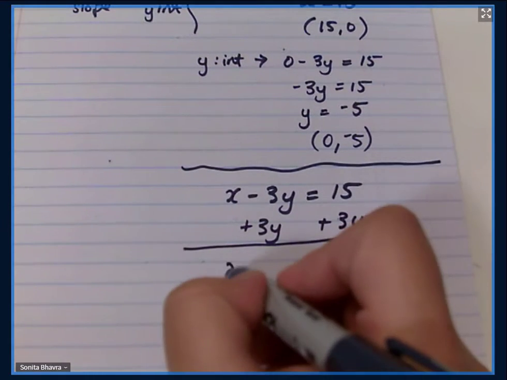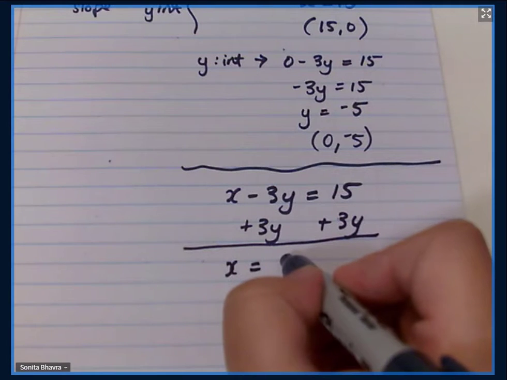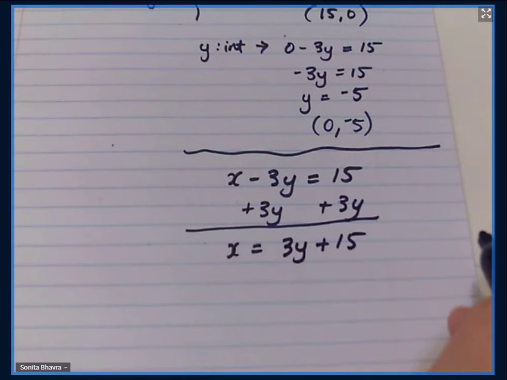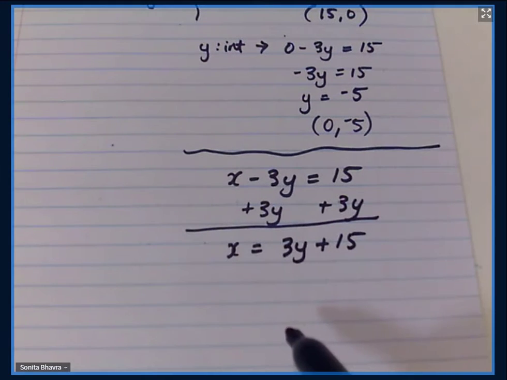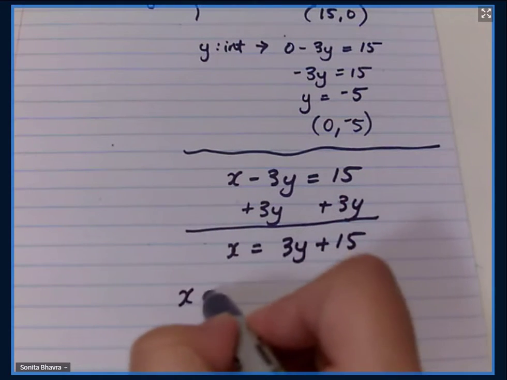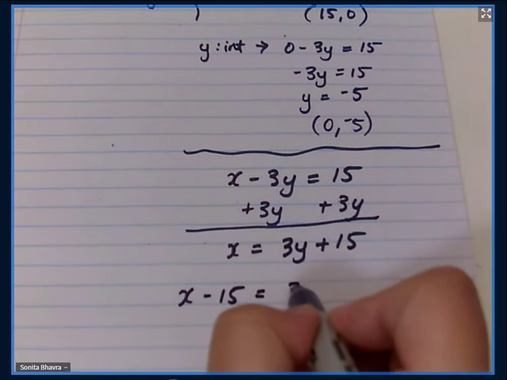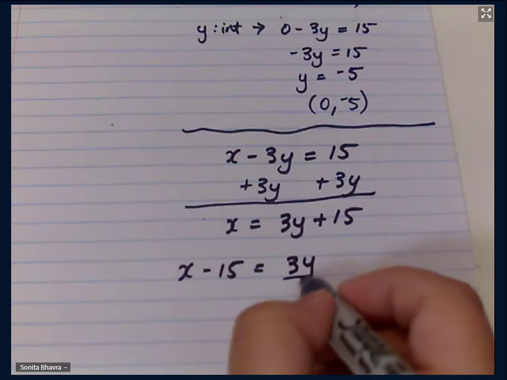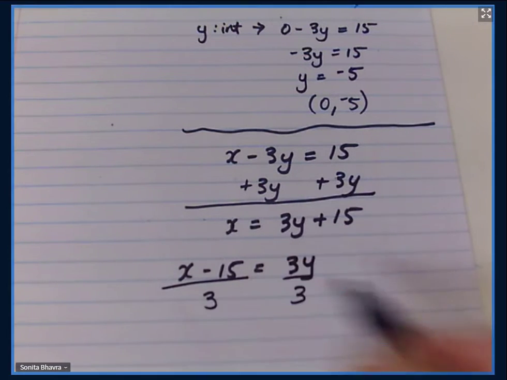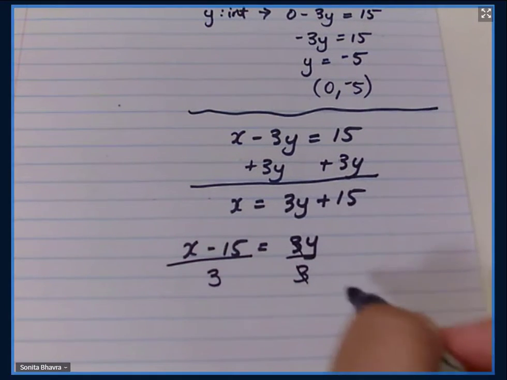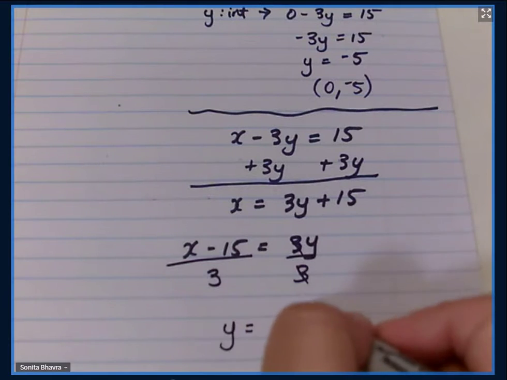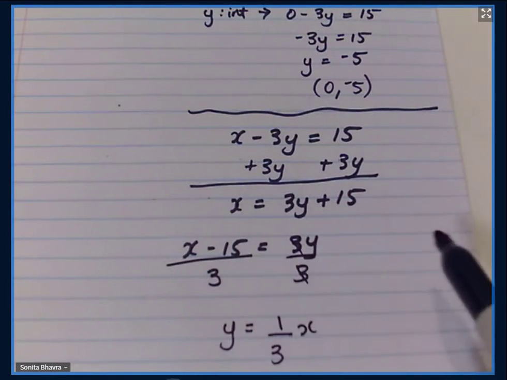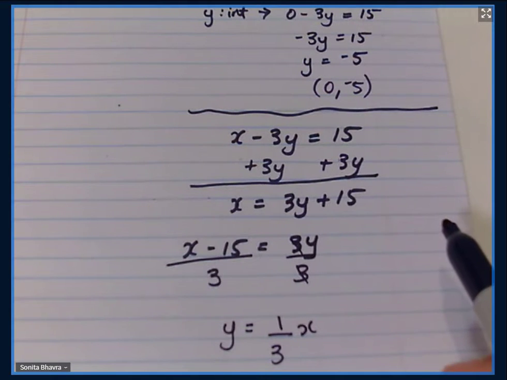So that gives me x equals 3y plus 15, and then subtract the 15 to this side. So x minus 15 equals 3y, and then divide by 3. All right, so that gives me y is equal to 1 over 3x, and then negative 15 divided by 3, which is -5.